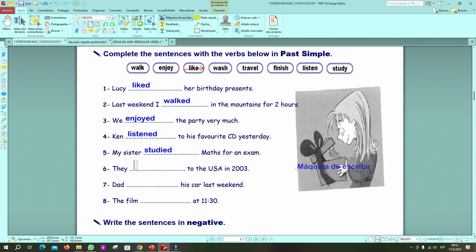6. They to the US in 2003. They what? Traveled. Traveled to the US in 2003. Perfect. 7. Dad his car last weekend.